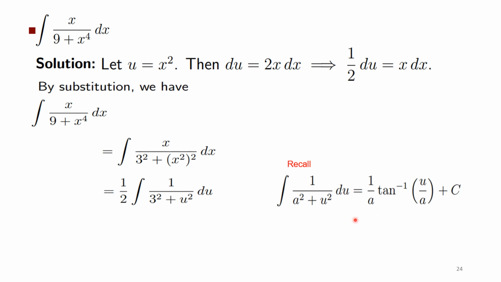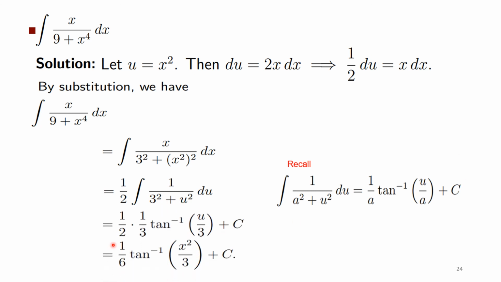From that formula, you can compute the integral. It will be 1/2 times 1 over a, since our a is 3, so 1/3 tangent inverse of u over 3 plus c. If we simplify this, it becomes 1 over 6 tangent inverse of, again, our u earlier is x squared, so x squared over 3 plus c.